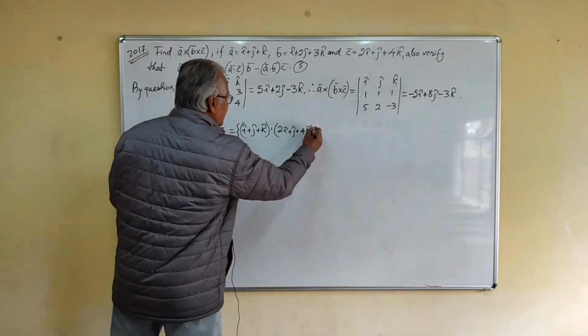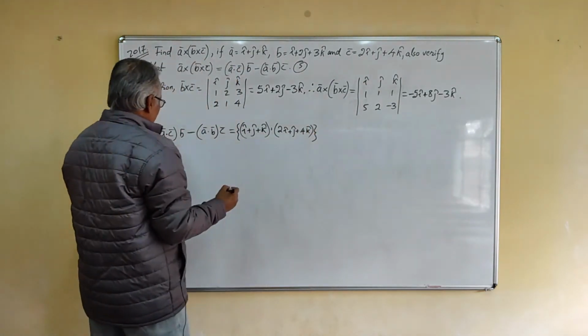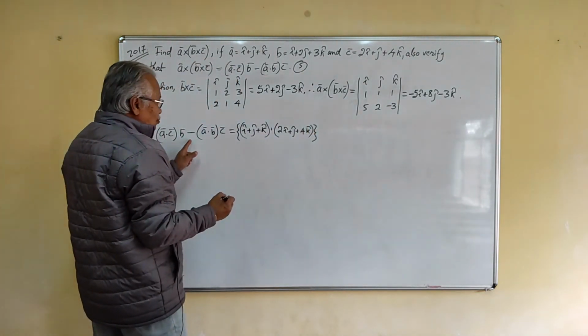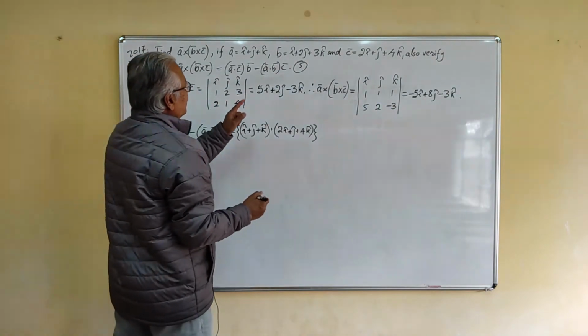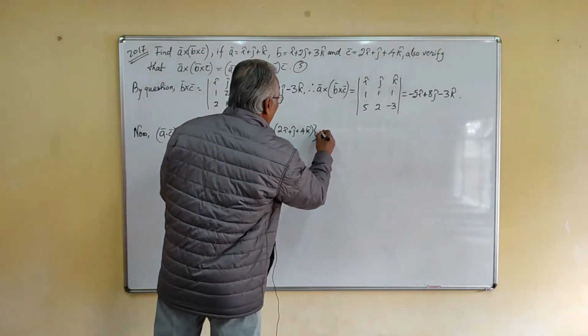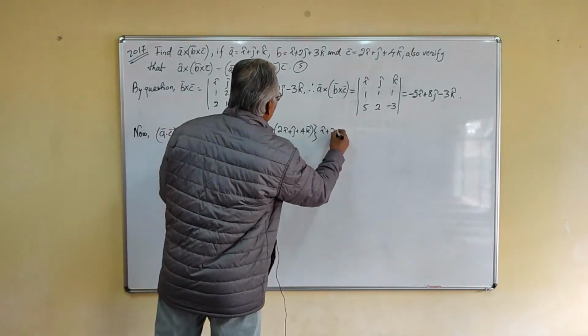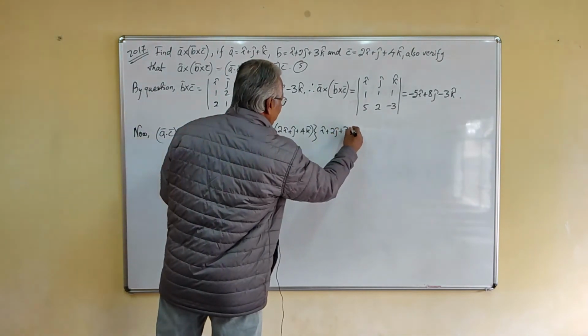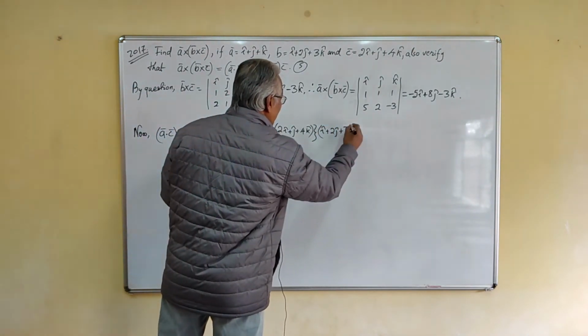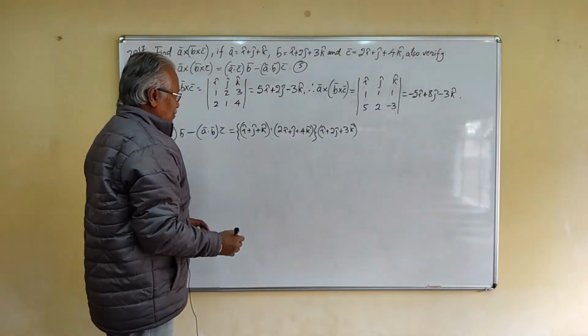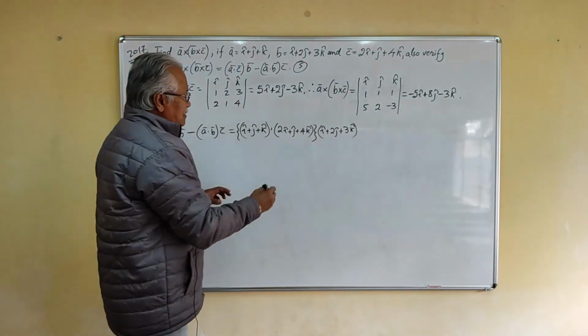This is your A dot C multiplied to B. B is I plus 2J plus 3K. That's it.